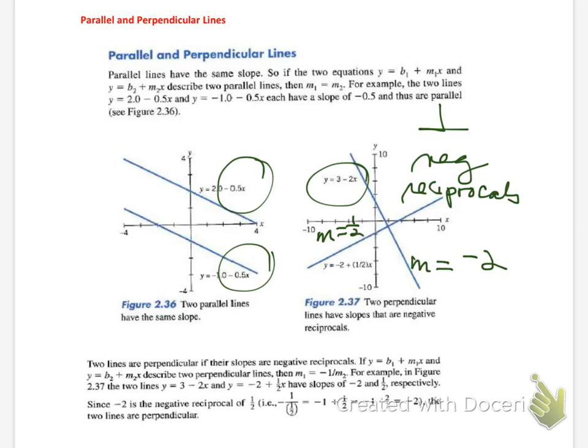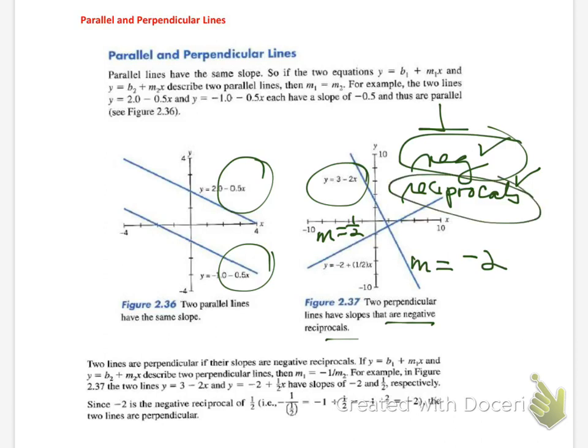Okay, so negative reciprocals. You need to be able to create perpendicular lines. Negative reciprocals, important terminology. And think of it this way. Since negative reciprocal has 2 words, you do 2 things to change your slope. First, you negate it. If it was positive, the perpendicular of it will be negative. If it was negative, the perpendicular of it will be positive. And then the second thing you do to it is make it a reciprocal.